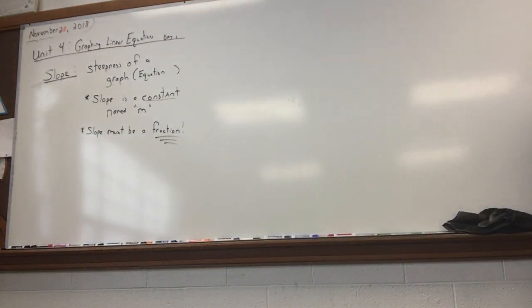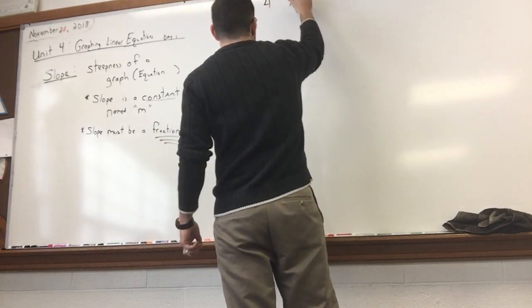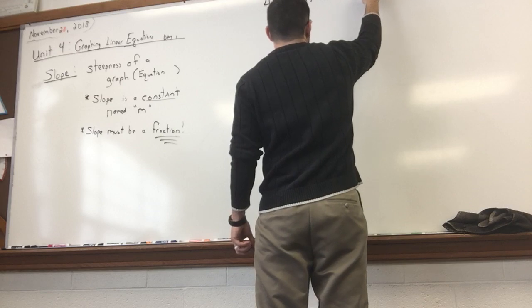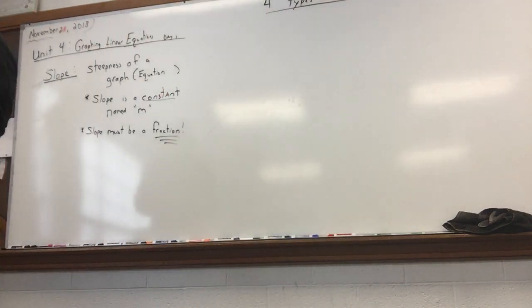All right, I'm changing the notes a little. Okay? And I'll explain all of this in a second. There are 4 types of slope. And we've already seen 2 of them.